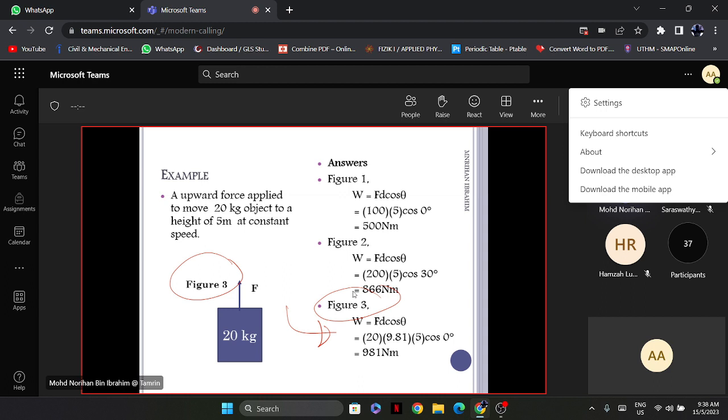W is equal to FD cos theta, where F is equal to mg in this case. So F is equal to mg, which is equal to mass kalikan dengan coefficient of gravitational accelerations, g.